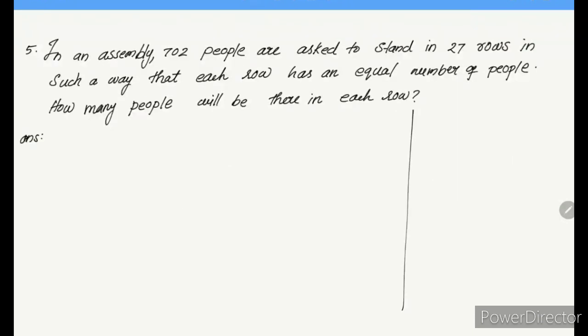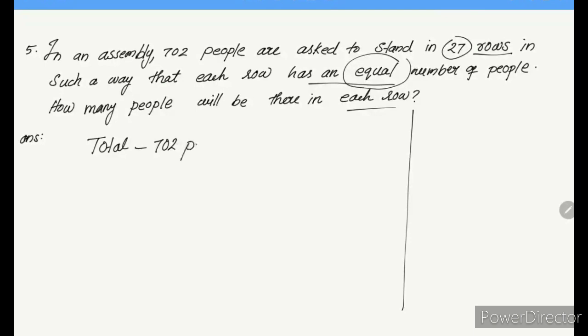Fifth question. In an assembly, 702 people are asked to stand in 27 rows in such a way that each row has an equal number of people. How many people will be there in each row? See, total 702 people are there.